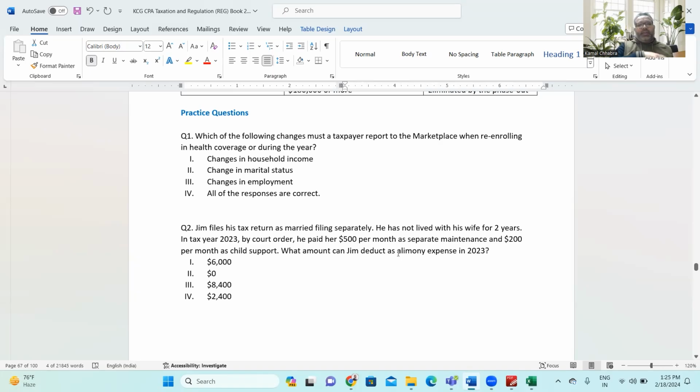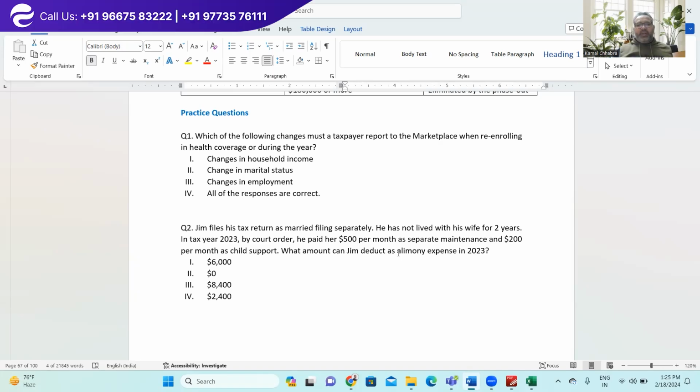Which of the following changes must a taxpayer report to the marketplace when enrolling in... I think it should be re-enrolling. Let me see, health coverage during the year.